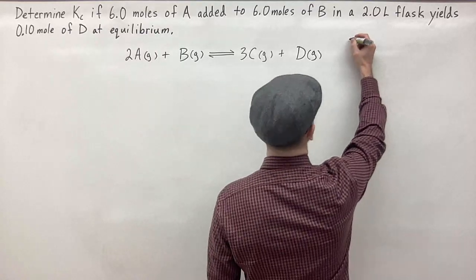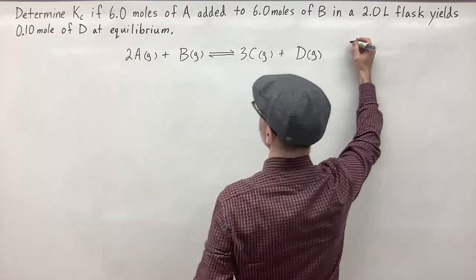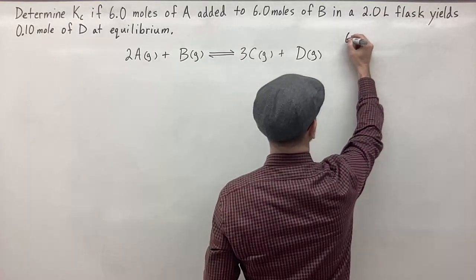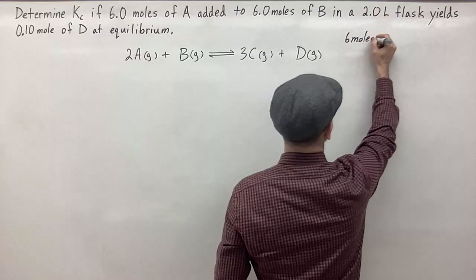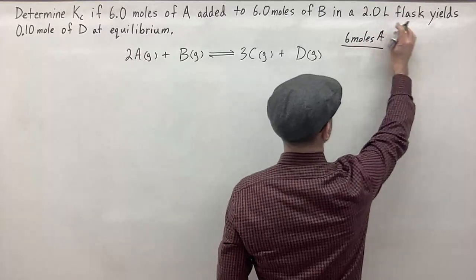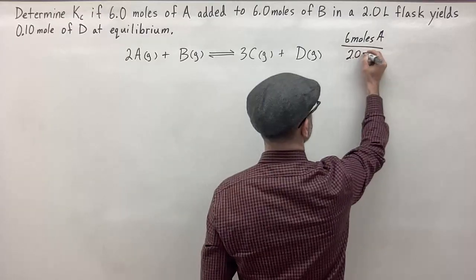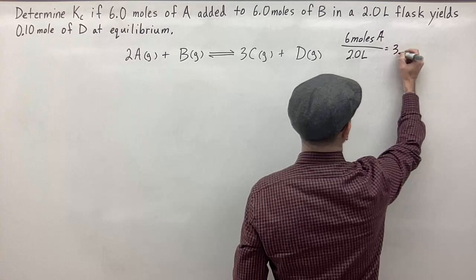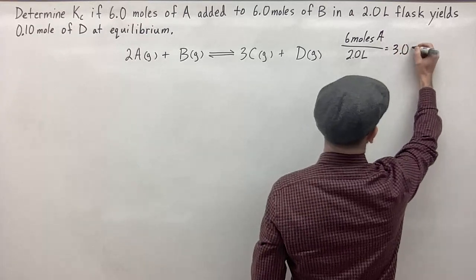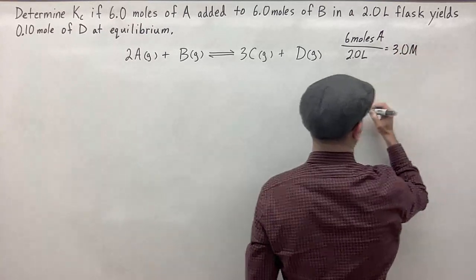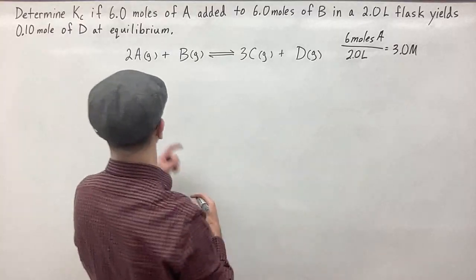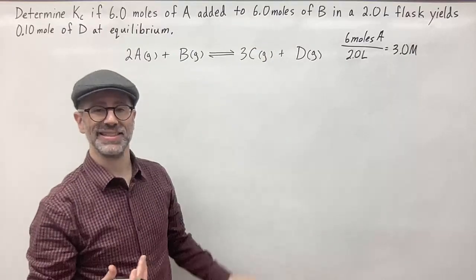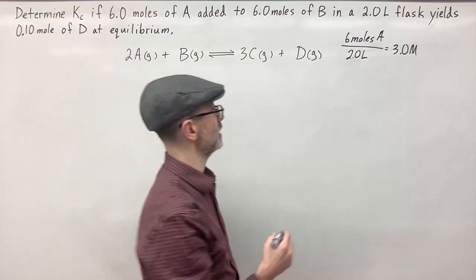So we're going to take the moles of A, that's 6 moles of A divided by the 2.0 liters, and that's going to give us a concentration of 3.0 molar for A. The number of moles of B that we start with is exactly the same, so the concentration of B will be the same as well.